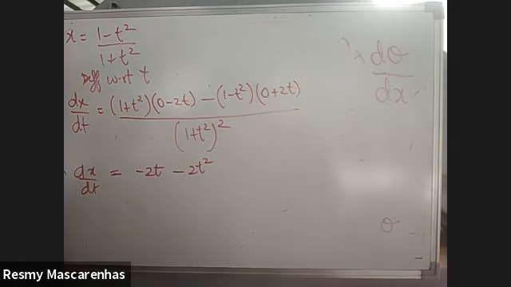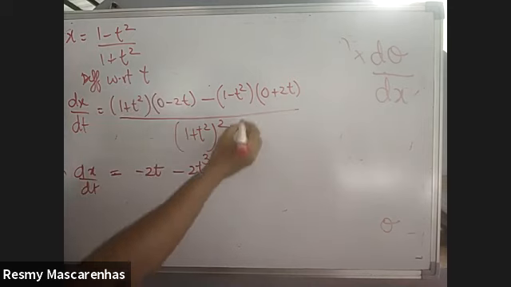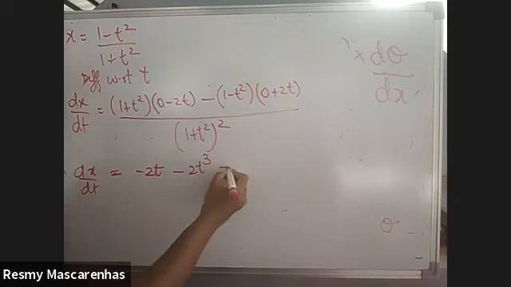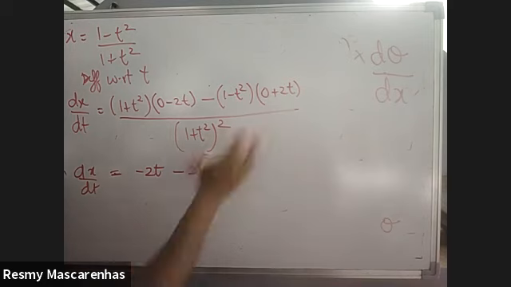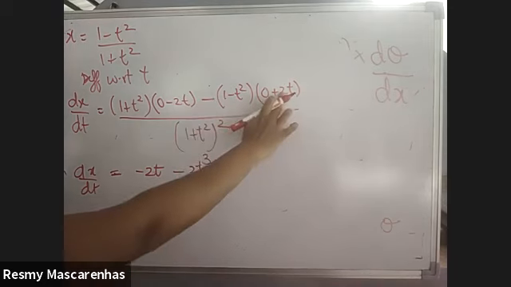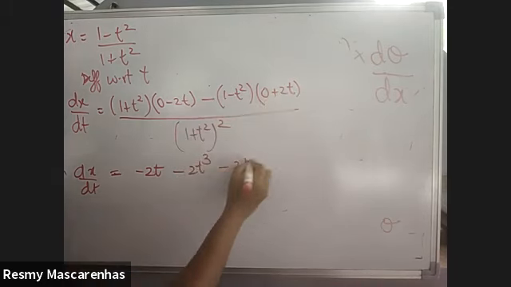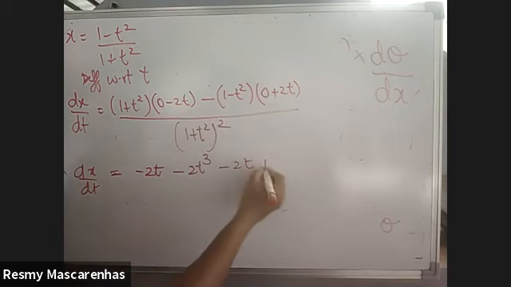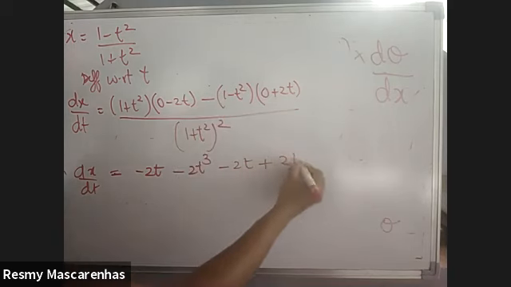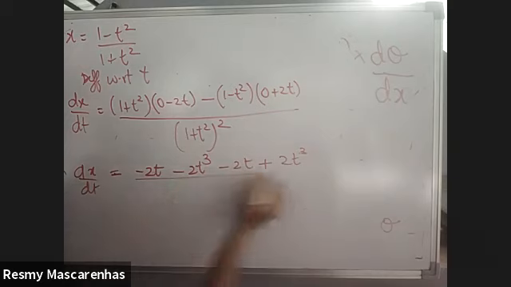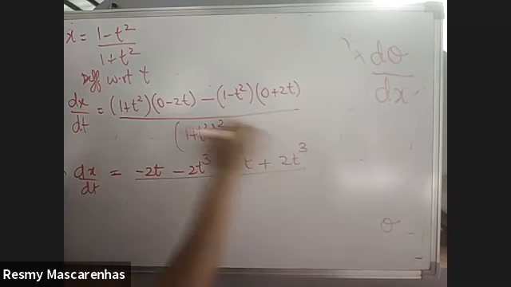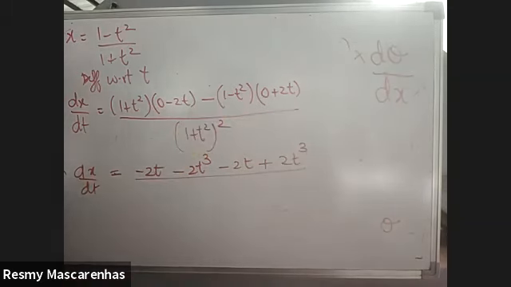2t square cube it will become, no? t square into this. Then now minus, see this is minus 2t. So minus 2t, again minus into minus will give me plus 2t cube. Okay, so minus will belong to both the terms upon.